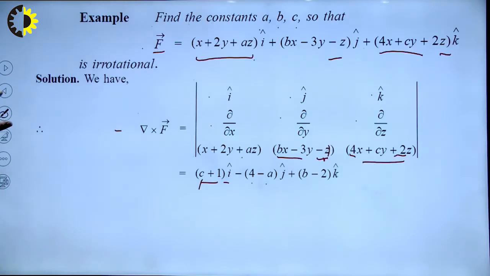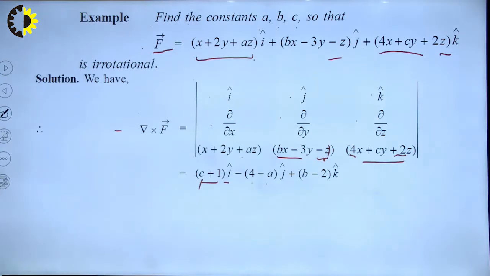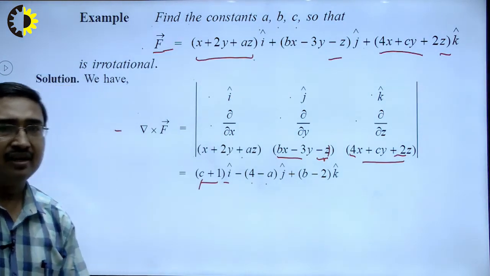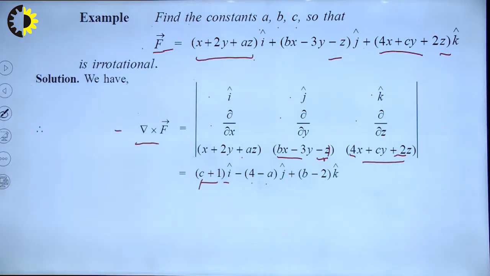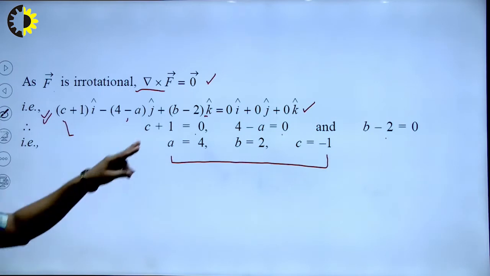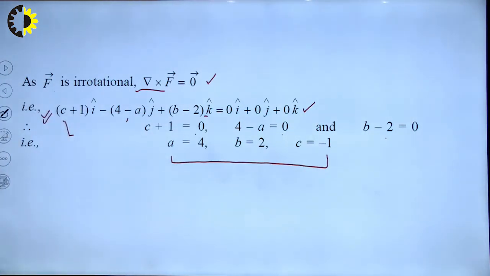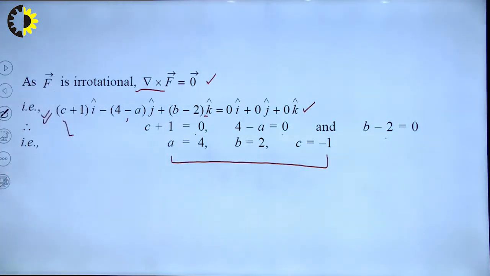What is done? This vector function was given. We are supposed to find the constants a, b and c where f is irrotational. I calculated curl f. This curl f was equated to 0. Coefficients of i, j and k were compared, and comparing I obtained values of a, b and c.